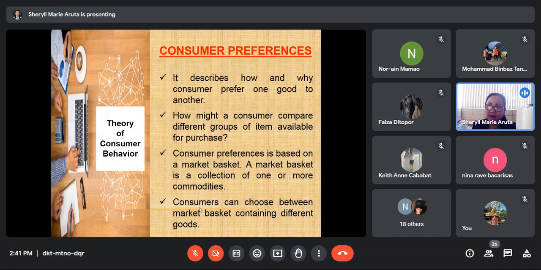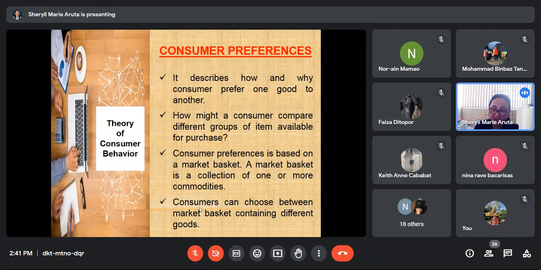But at the point of comparison, the consumer will have to compare one good with another in order for him to make a decision, in order for him to decide whether to buy or not to buy. So ang consumer preference is always based on the consumer's perspective nga there is what we call market basket.